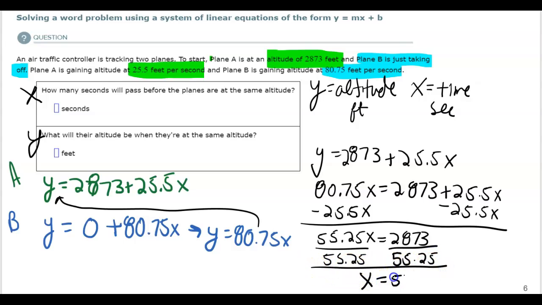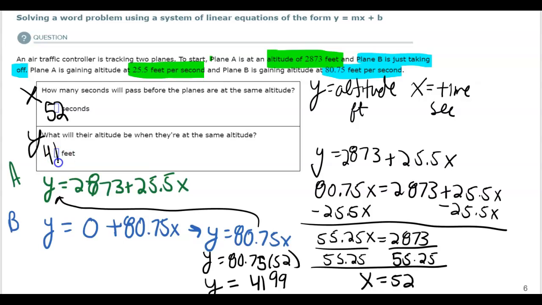My x value equals 52. So after 52 seconds, they will be the same. But I don't know at what height that is yet, so I'm going to go ahead and plug that into y. And I end up with a y of, in 52 seconds, they will both be 4,199 feet in the air, which is crazy.